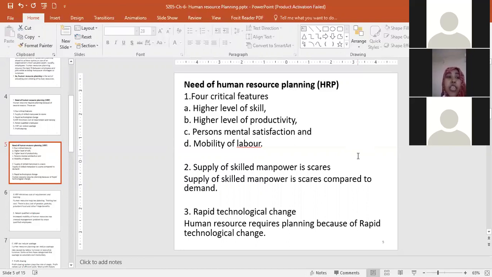The direction of technological change has been decreasing the job demand for unskilled labor, but the opposite situation is that the demand for skilled labor is high. So there is demand for newer skills requiring new training and retraining.